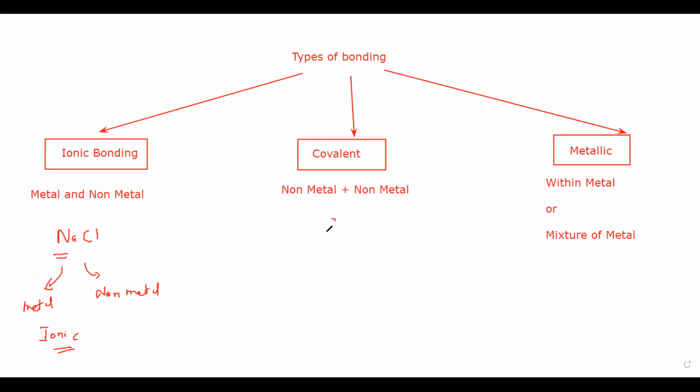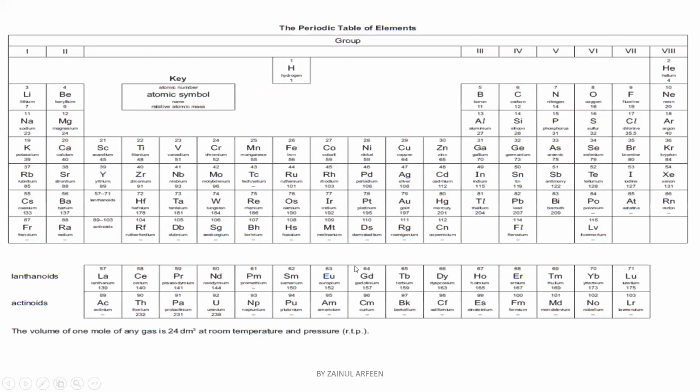Another example, carbon dioxide. When you check the position of carbon and oxygen, the carbon is on the right hand side of the staircase line, and oxygen is also on the right hand side.